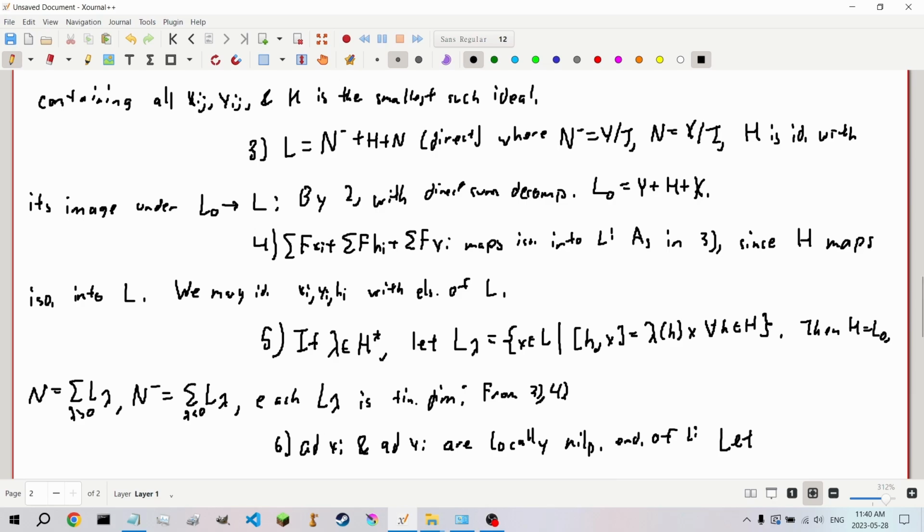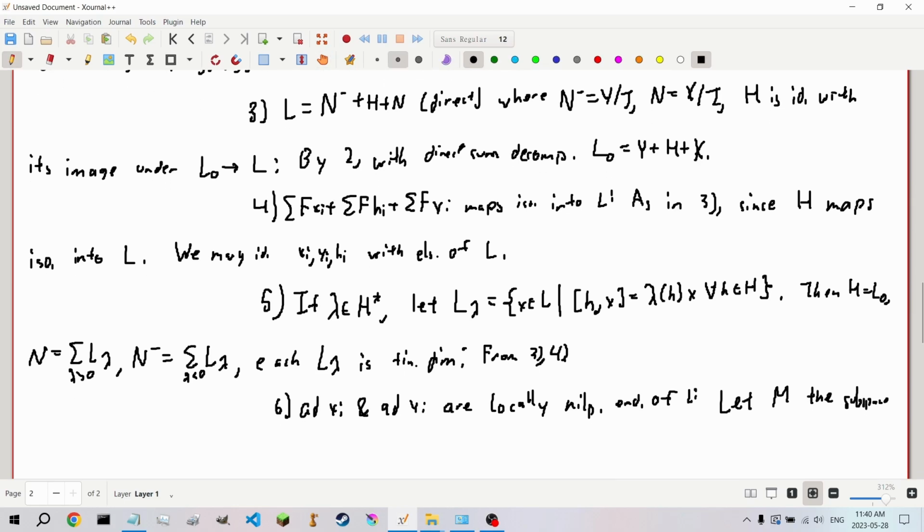So let M be the subspace of elements of L killed by a sufficiently large power of the adjoint of, say, xi.